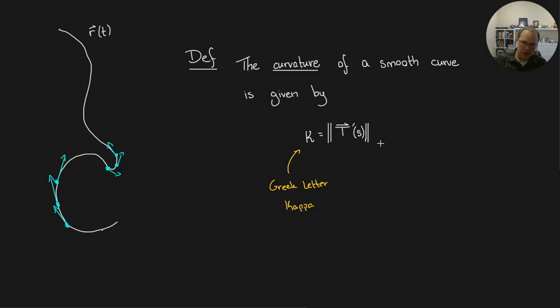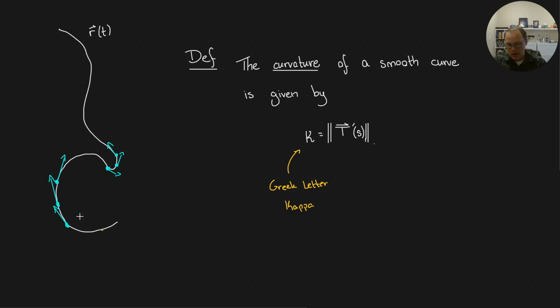That makes sure that the curvature is not dependent on the parameterization. For a curve, it will be consistent always. It is measuring how curvy something is.